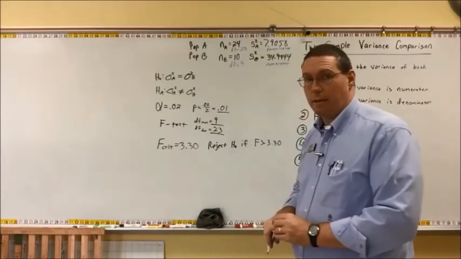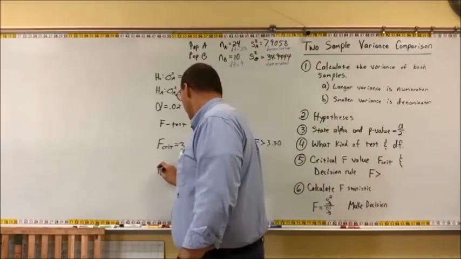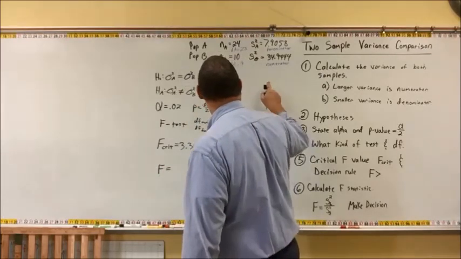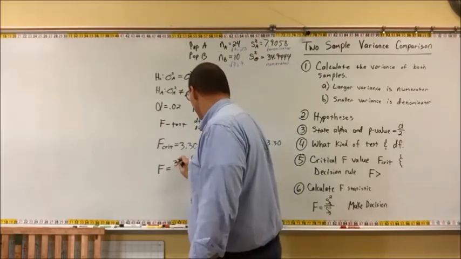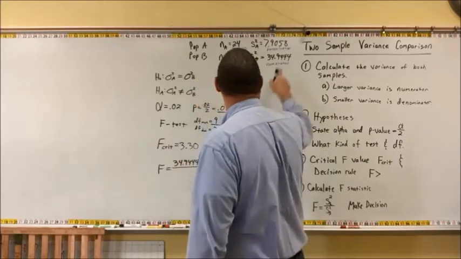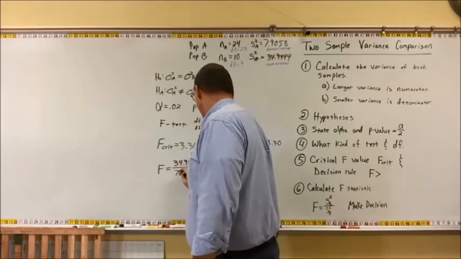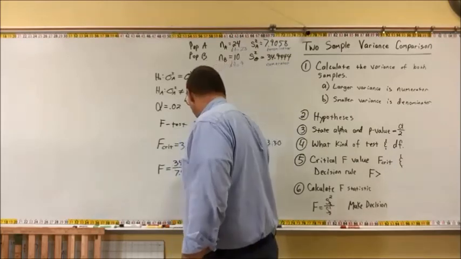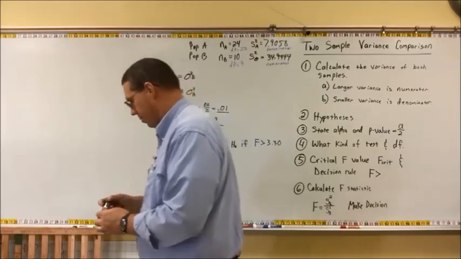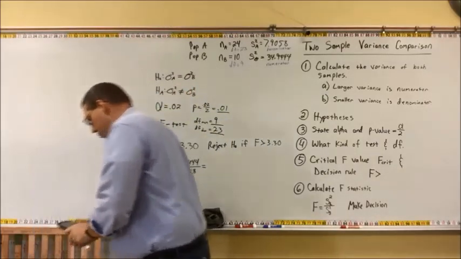Now we're going to calculate the F value. So to calculate the F statistic, we're going to do the larger variance, which is 34.9444, divided by the smaller variance, 7.9058. Grab a calculator. Go.